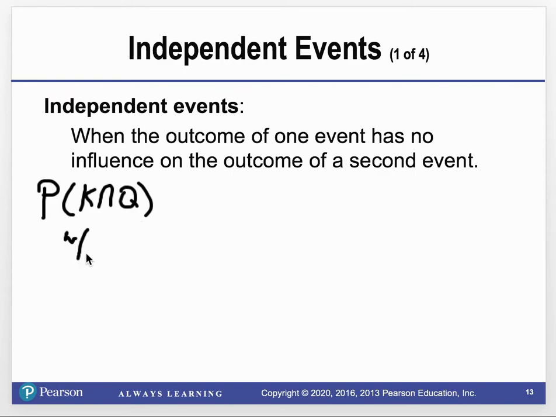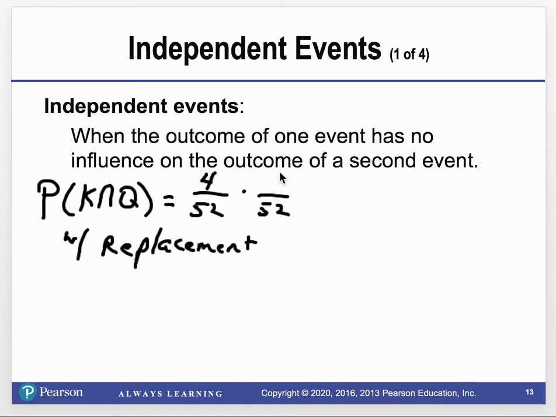And let's say this is with replacement. That's another thing that tells you that it's independent, if you talk about with replacement. So the probability you draw a king, there's 4 kings out of 52 cards. You put it back in, shuffle them up, so that means there's still 52 cards, and there's 4 queens for you to draw.